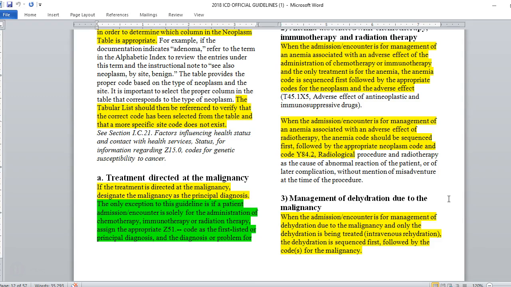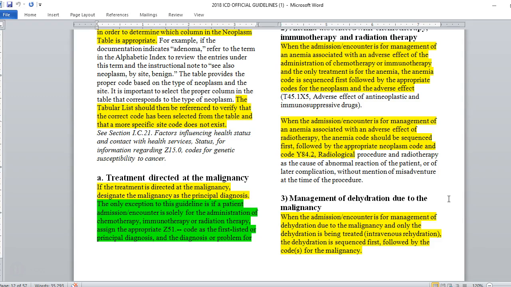So it's the same guidelines. However, they've given us a more specific code to use. So we're still going to do anemia, because that's the main reason why the patient's there, then the neoplasm, then the Y84.2 code, okay, and any other effects that might have happened, all right?